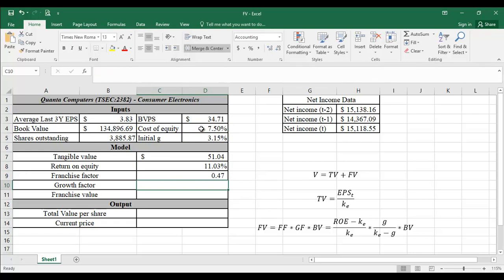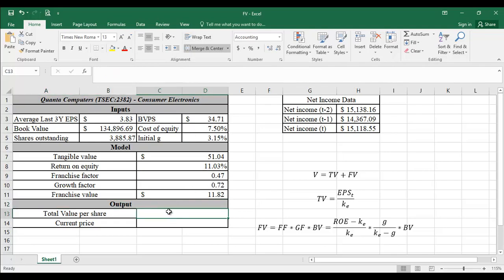The growth factor is again the growth opportunities that we took from the website divided by the difference between the discount rate and the same growth. So finally the franchise value per share will be the combination of these two factors and the book value per share.